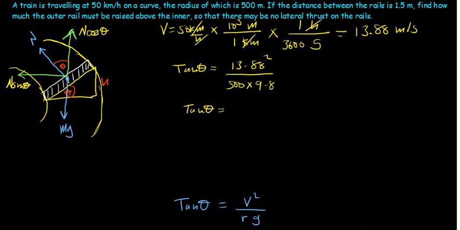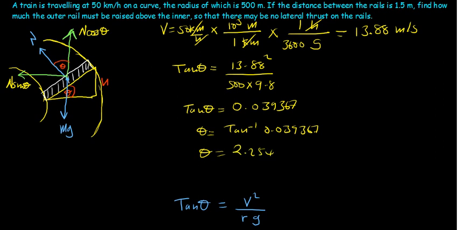So that is giving us 0.039367. So to remain with theta, we're going to take tan inverse of 0.039367. And that theta is going to give us about 2.254 degrees.